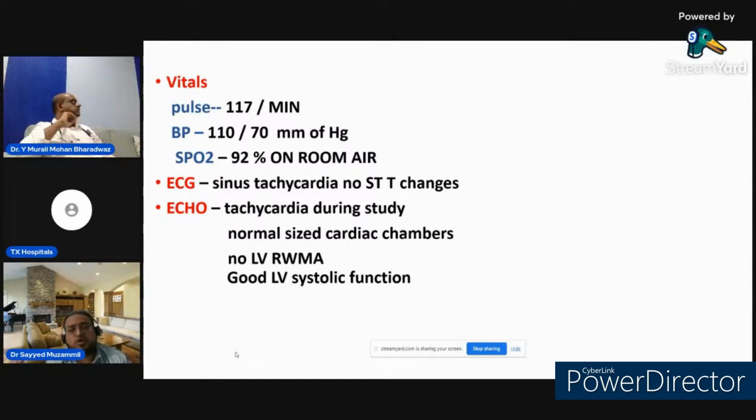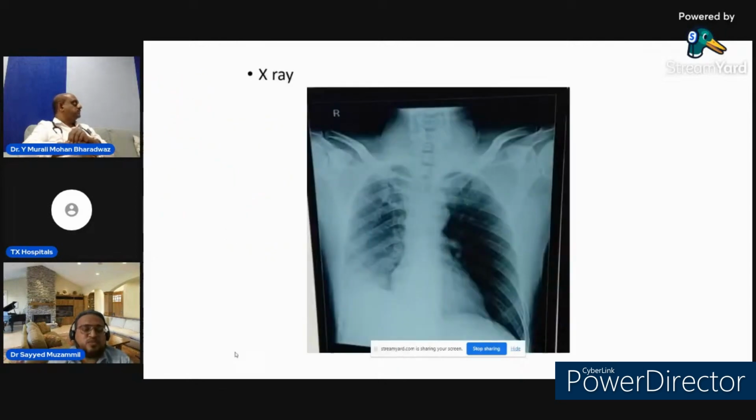But something was wrong. This patient had right-sided pleuritic chest pain, and he was breathless for 3 days, and he was tachycardic. His SpO2 was 92%. So I saw his X-ray that was done in the surgical profile. I could see that there is a right-sided opacity in the right base.